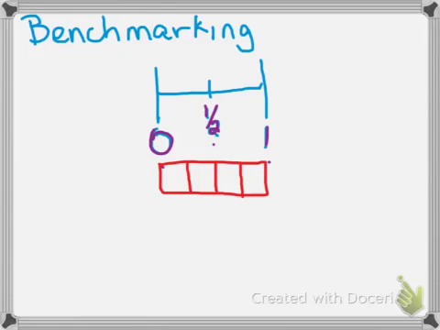If I want to know where 3/4 is on the number line, I look and I see, oh, it's between my half and my whole. So it would actually go somewhere about right there, which is 3/4. Because it goes past the half, but it's not quite to the whole. So 3/4 would be between the half and the whole.